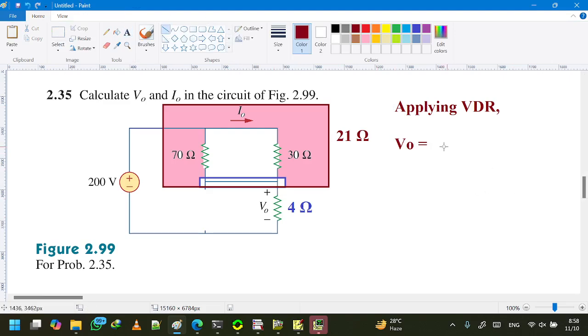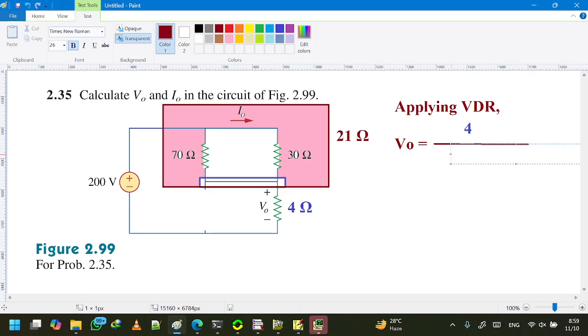So V0 will have 4 at the top, at the numerator. At the bottom, we will have the sum of the two resistors, the equivalent resistance, which is 21 plus 4.